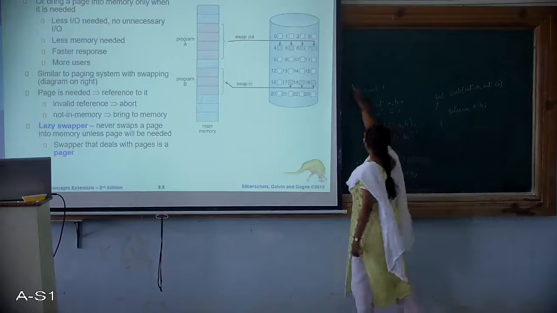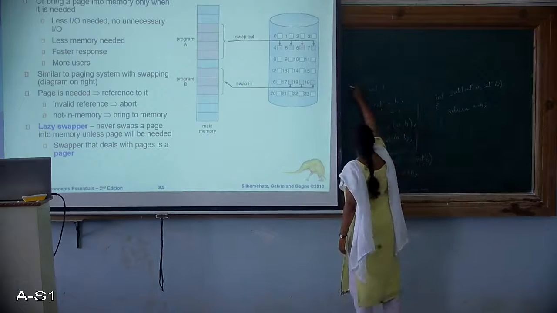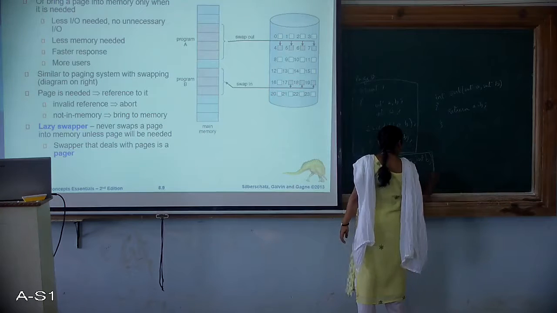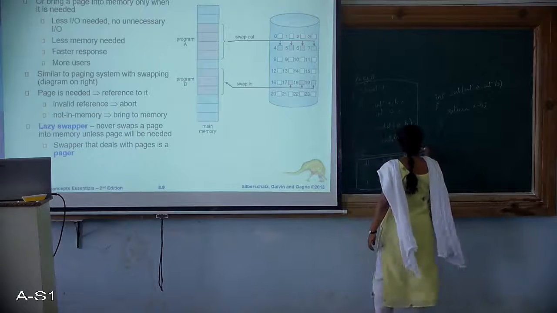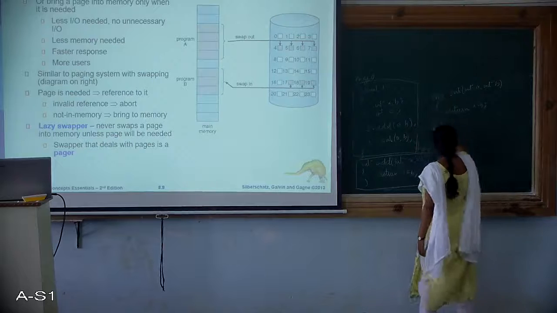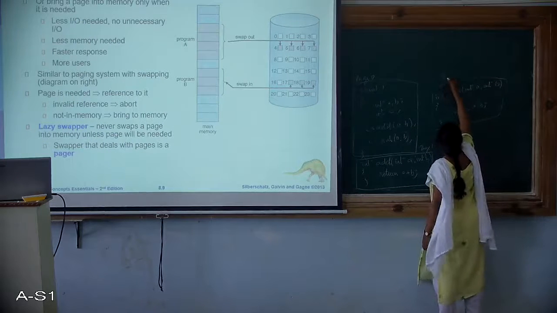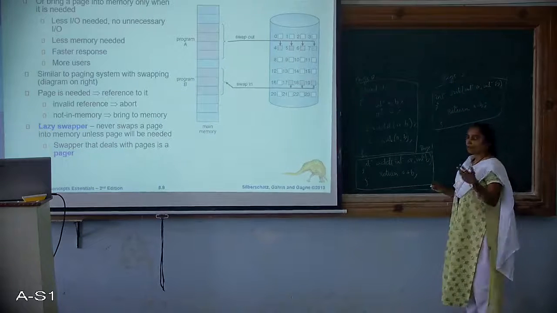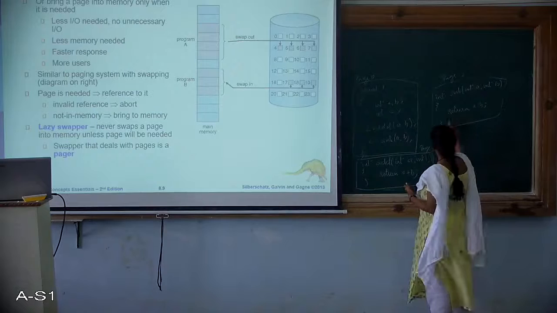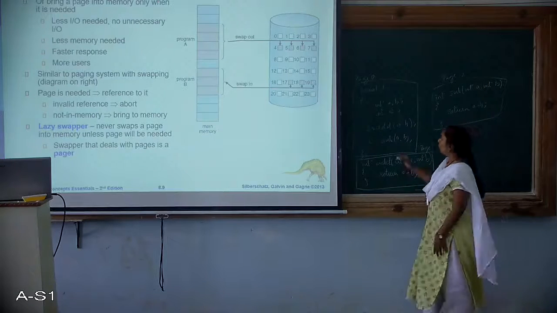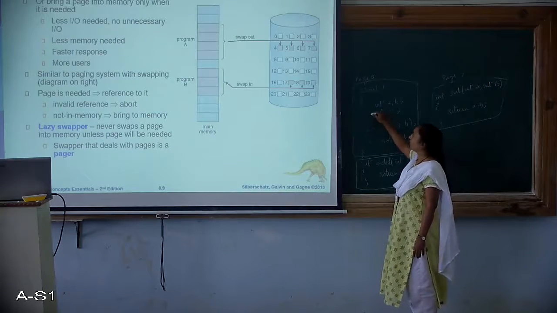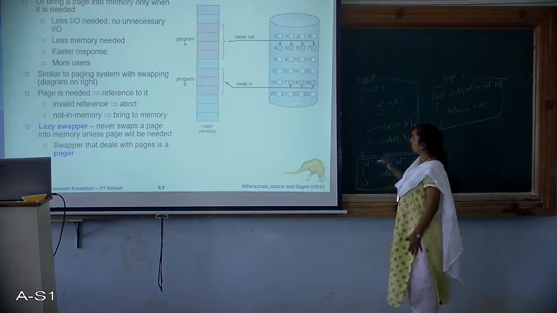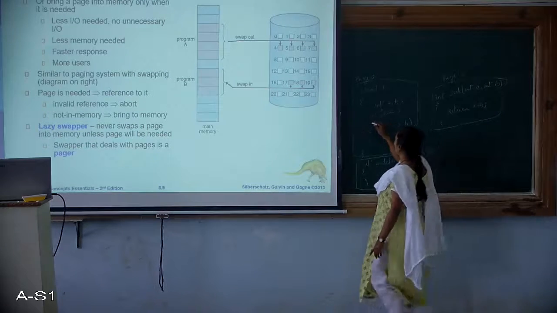So in this program, consider that main is one page, add is another page, this is page 1, and subtract is another page, this is page 2. Okay, so now when your program execution starts, do you need these pages to be in the memory? No. We start the execution with main, right? So only the main code has to be there in your physical memory. So you start executing, okay?